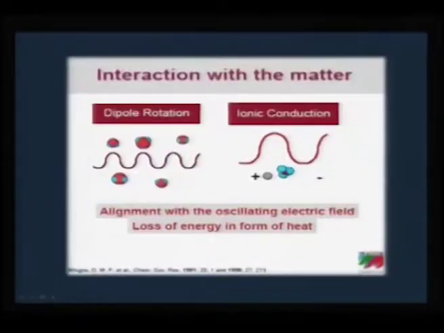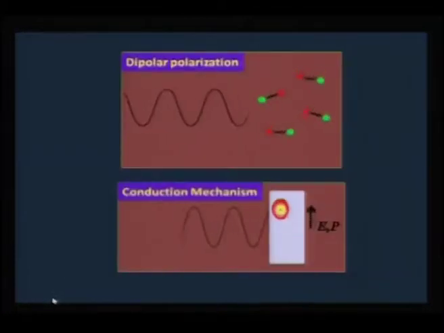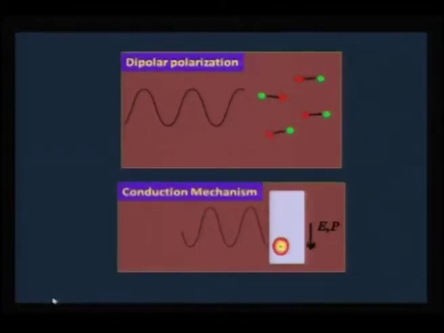Dipole rotation has to do with the dipole oscillating in a molecule kept in an electric field, or it could be the ions coupling with the electromagnetic radiation and oscillating according to the frequency. Alignment with the oscillating electric field leads to loss of energy in the form of heat, which forms the mechanism. The animation of this is given in this cartoon.